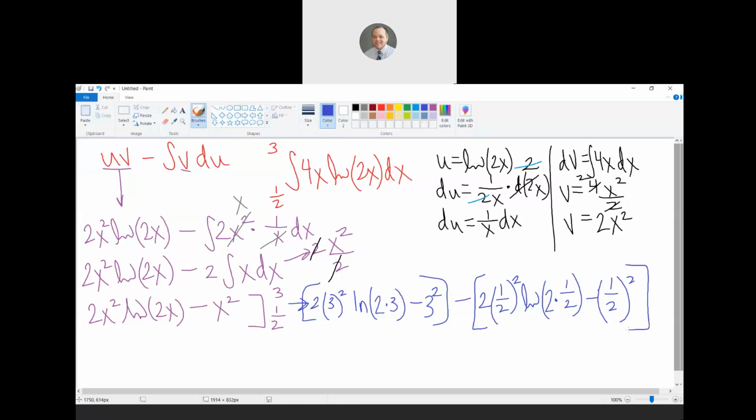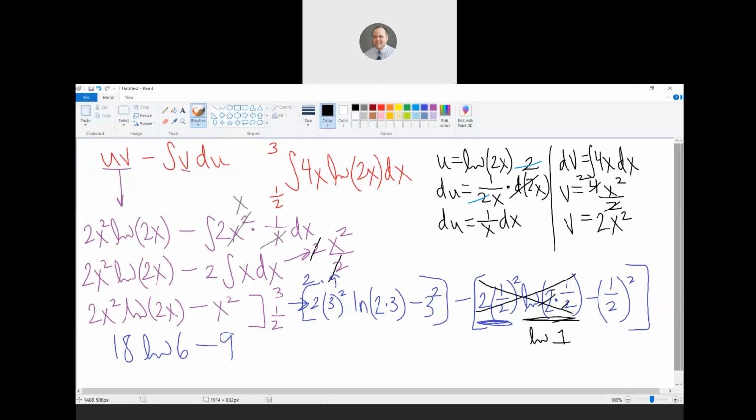Now time to evaluate. 3 squared is 9, times 2 is 18, natural log of 6, minus 9. Over here, the 2's cancel out, and you're left with natural log of 1, which is actually 0.